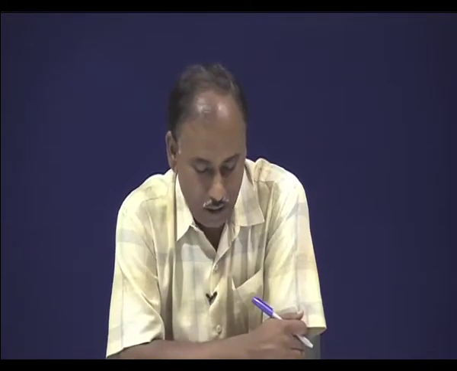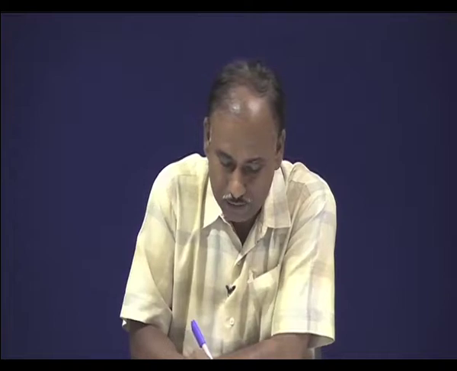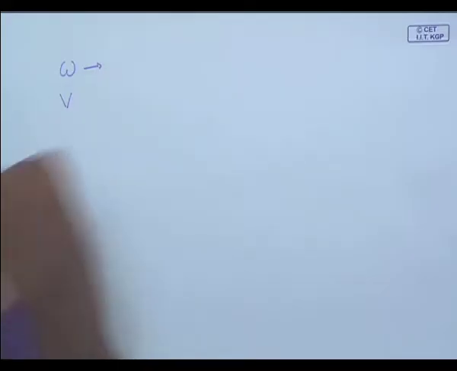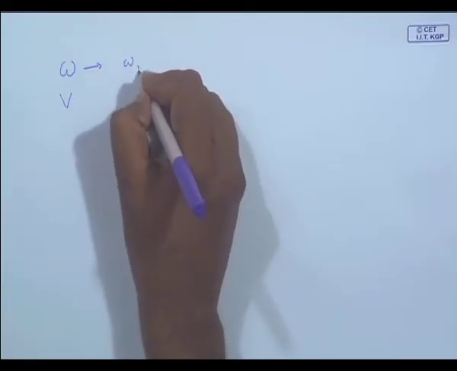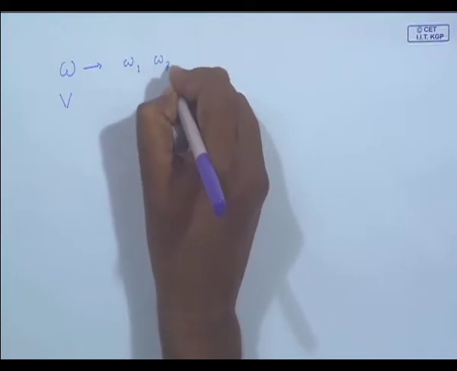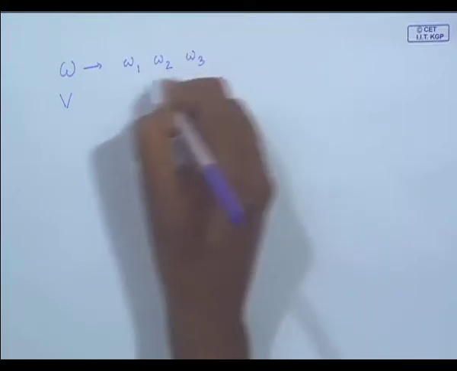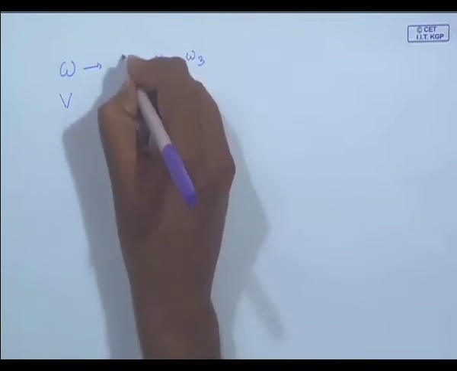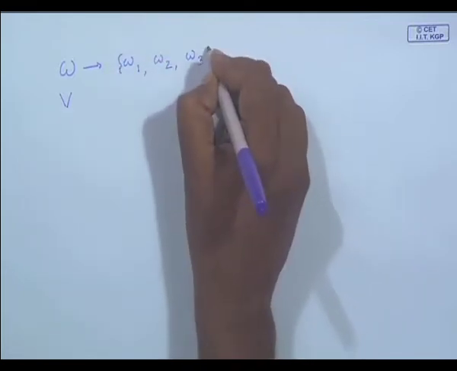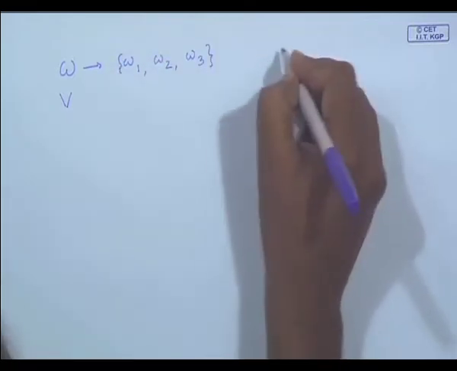A hidden Markov model can have a number of hidden states, and it can have a number of visible states. So, let us take an example of a hidden Markov model having, say, 3 states. Under omega, I have states omega 1, omega 2 and omega 3. These are the 3 states of this hidden Markov model, say theta.